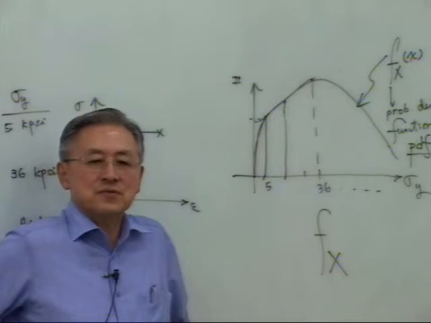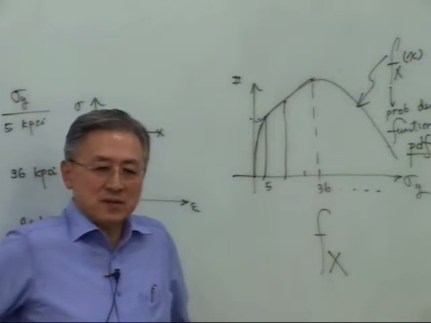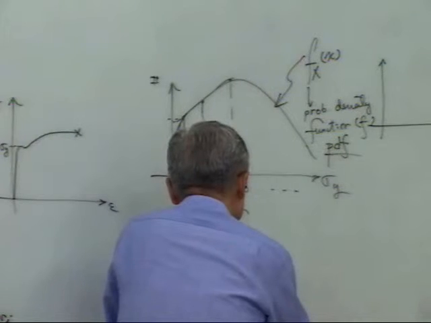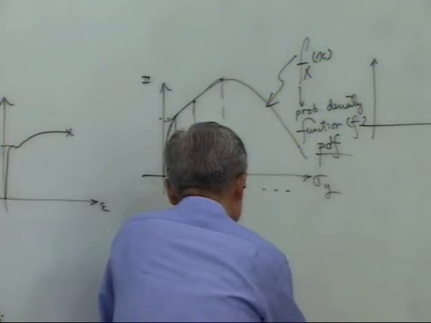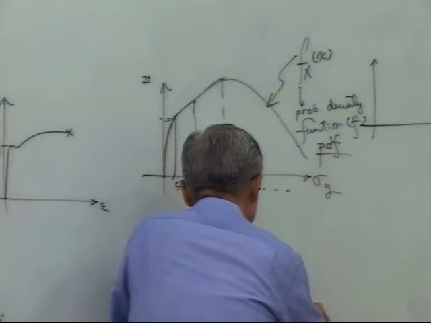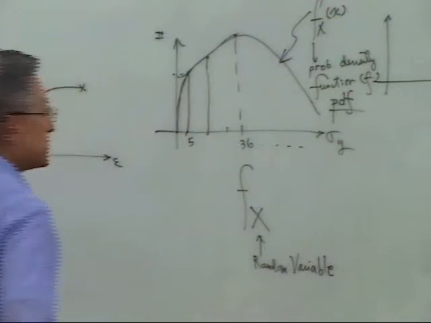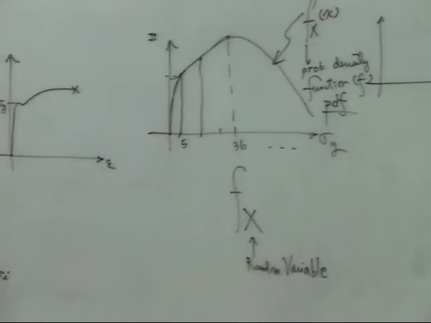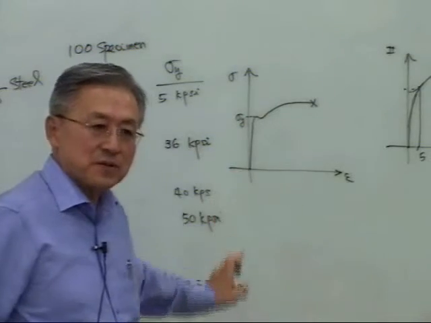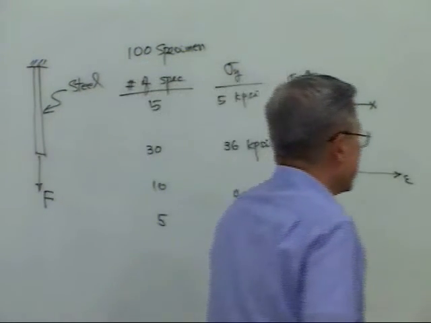Capital X, if you see in this class, I could make a mistake, but that's a random variable. So here, what's the random variable? Yield stress. It varies. It's a random variable.